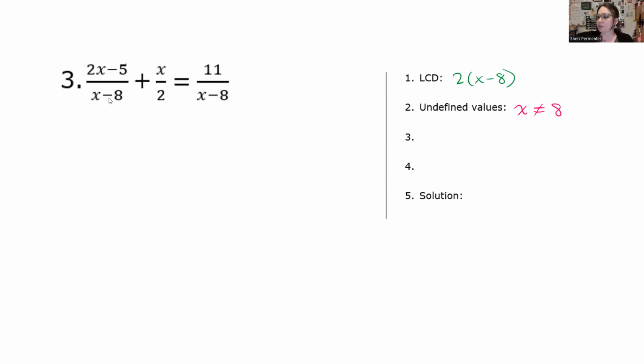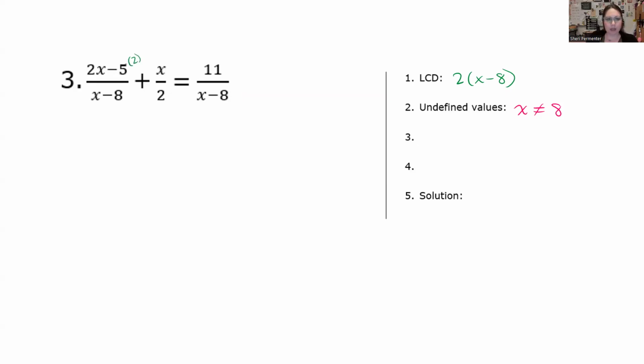Over here, we've got to multiply all of our terms by 2 times x minus 8. So each one of these is going to get multiplied by 2 times x minus 8.